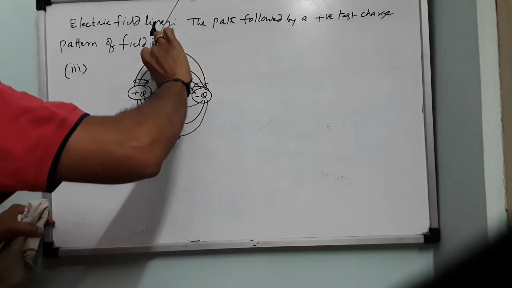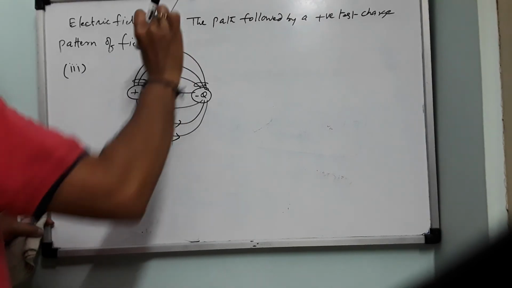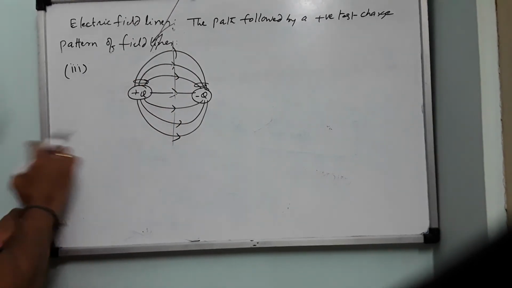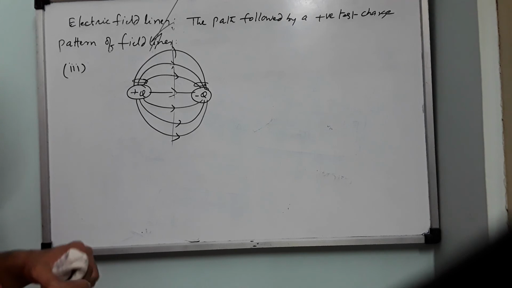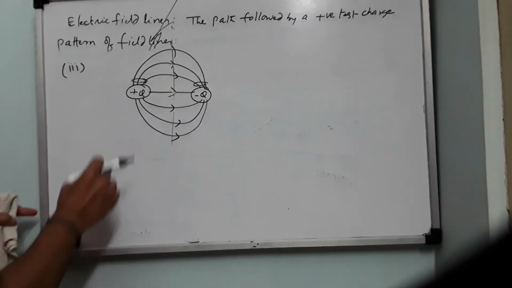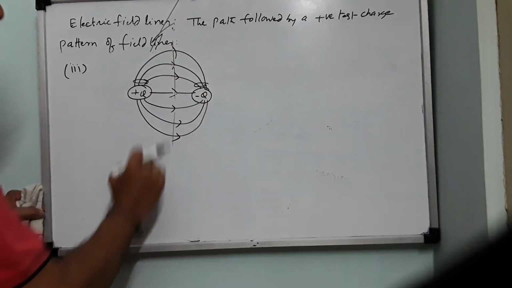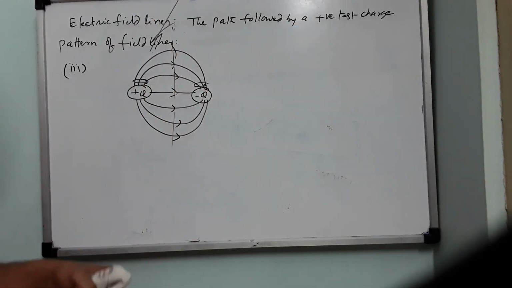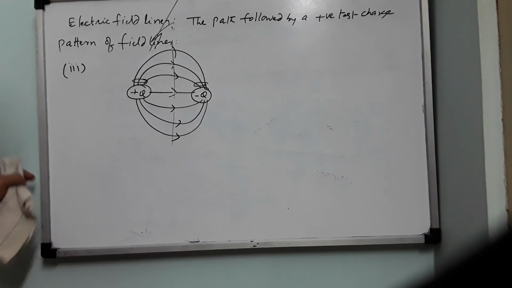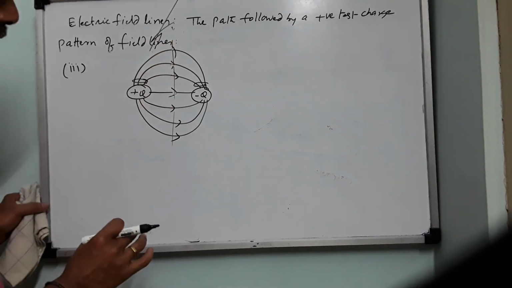Here you see, this is this much separation, this much separation. Here only small separation. That's why we said a property of the electric field lines that for a dipole, longitudinally they will converge, and laterally they will diverge. Divergence is because of the repulsion between the electric field lines.